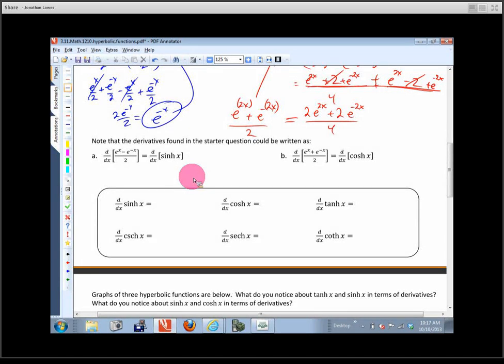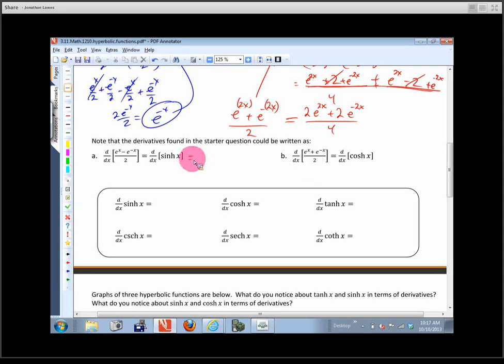So if you look at those starter questions, the functions that were derivatives of each other, you'll notice that the first one could be written this way because by definition that is what the sinh function is. That's the hyperbolic sine function, e to the x minus e to the negative x all over 2. Well, if I find the derivative of that, I end up with this other function right here. Well, by definition, what is that?